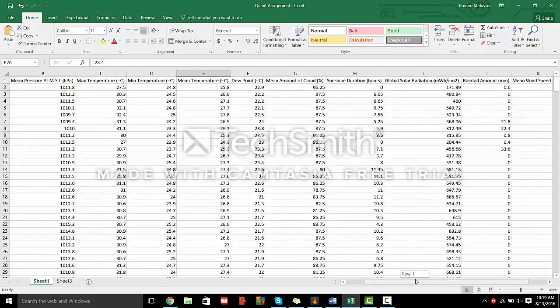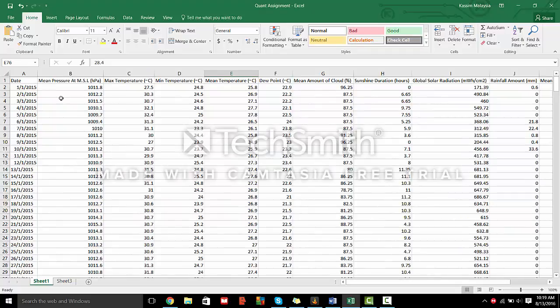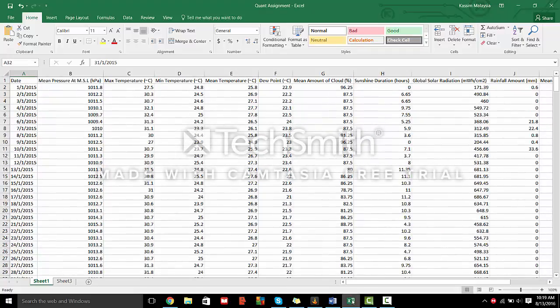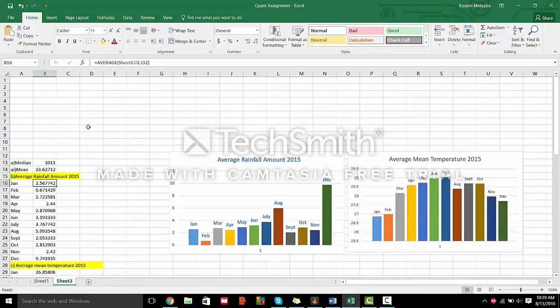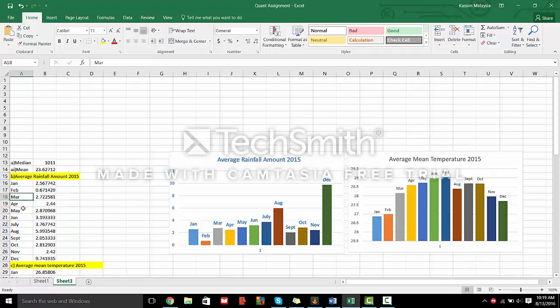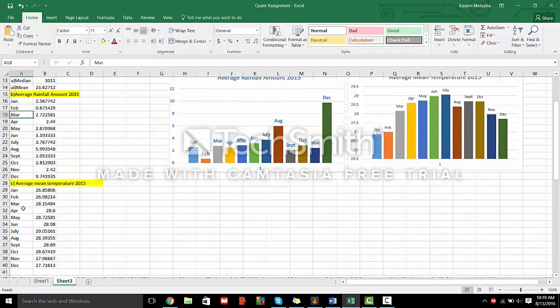You take the rainfall amount from 1st January all the way to 31st January, then to find the mean you use equals average for January, and you do the same thing for February, March, April, May, all the way to December.